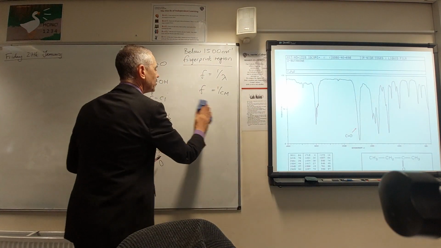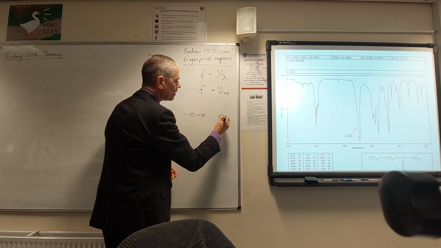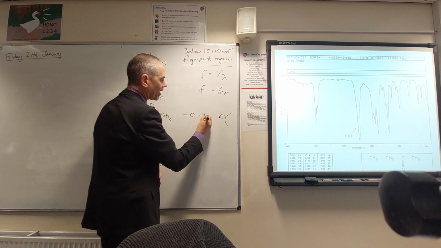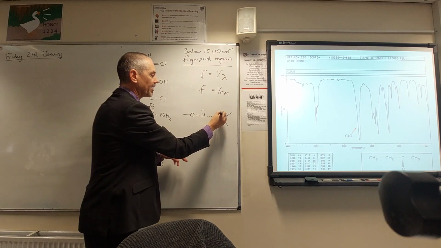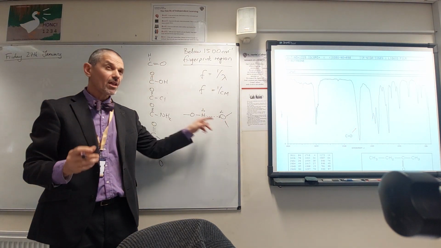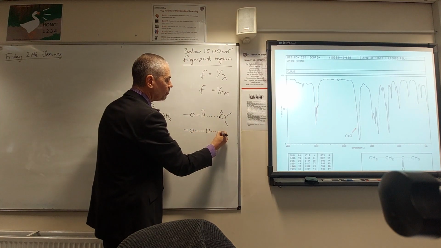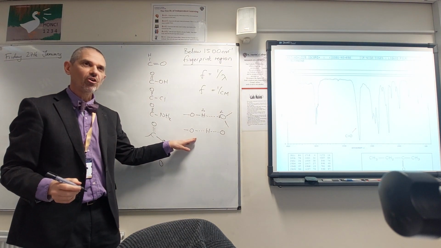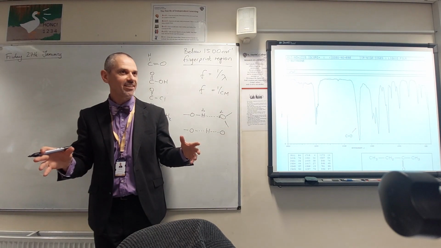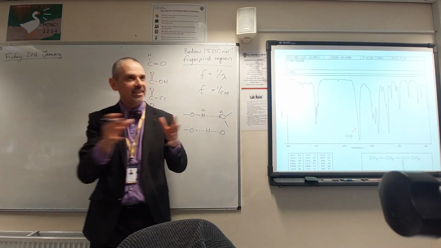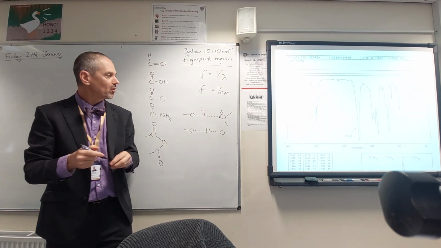If you think about what a hydrogen bond is, you've got a bond between an H delta plus and a lone pair on an oxygen, and what that can do is sort of pull the hydrogen away, so we end up with a hydrogen almost acting like a bridge between the two oxygens, which means this bond can extend over quite a range of frequencies, which means that the OH peak ends up being very, very broad. So that's where hydrogen bonding comes in.